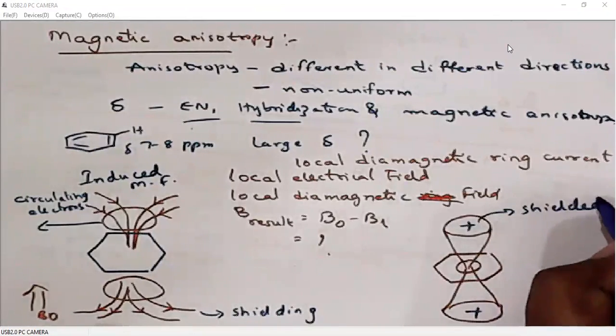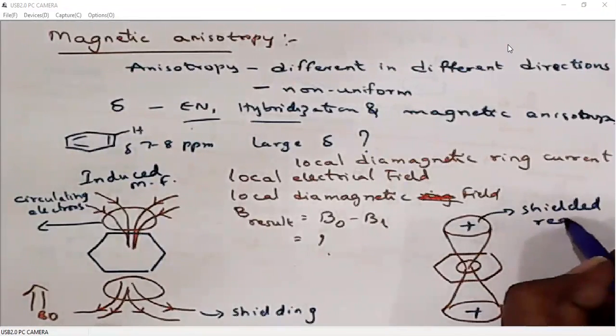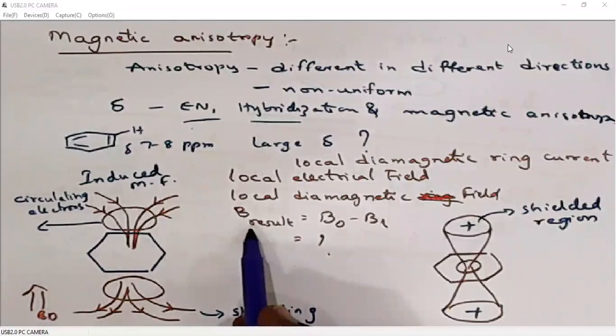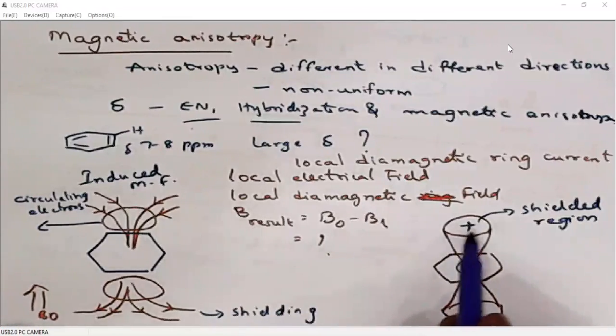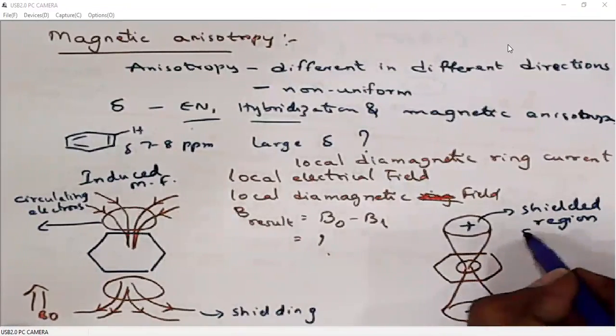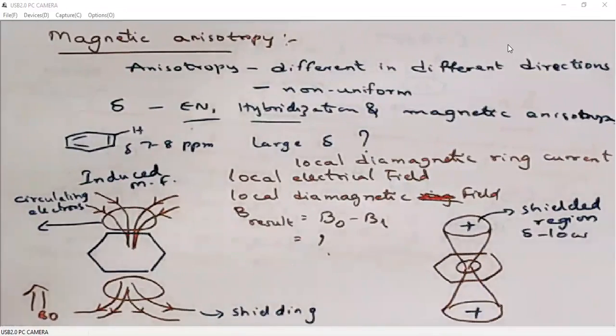If the protons are present there, they will be shielded from the applied magnetic field. As a result, the resultant magnetic field felt by the protons in this area is very, very less. So the delta will be very low.